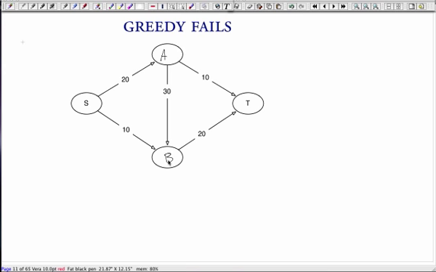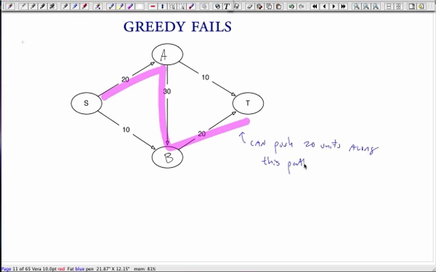Yes, S, A, B, T. And as we talked about in last class, you can push 20 units along this path, but then that basically saturates this edge and this edge. And so you're essentially going to be left with a graph that looks like this. This has capacity 10, 10, and 10.